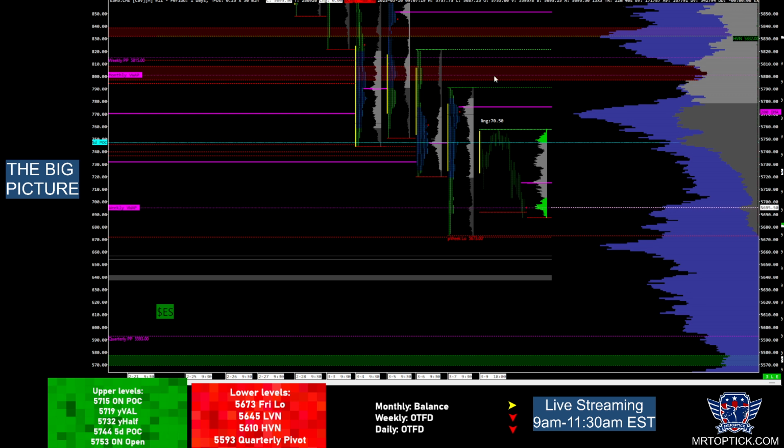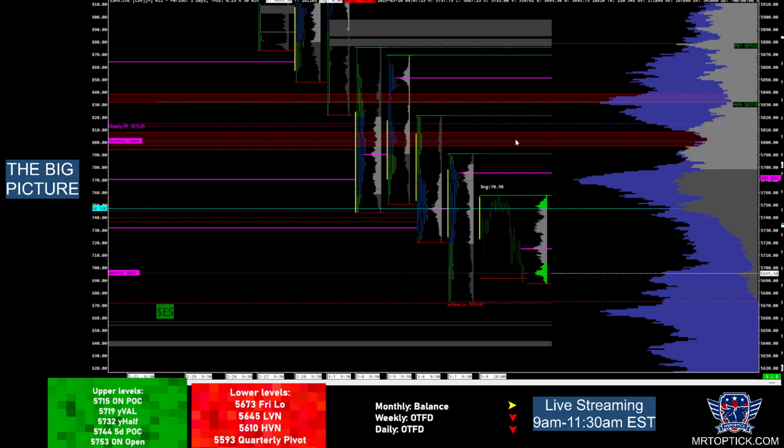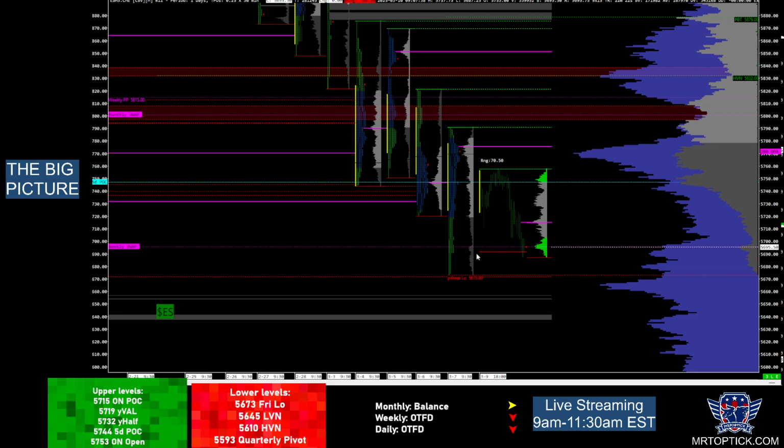But if we break above value area high, we have resistance right above it. It's gonna take a lot of work to get all the way up there and break through this area. But if we do get that, then that'll be a tell that sellers are losing control in this market. But right now they seem pretty strong.